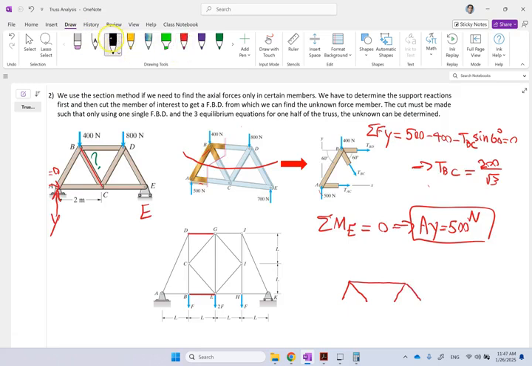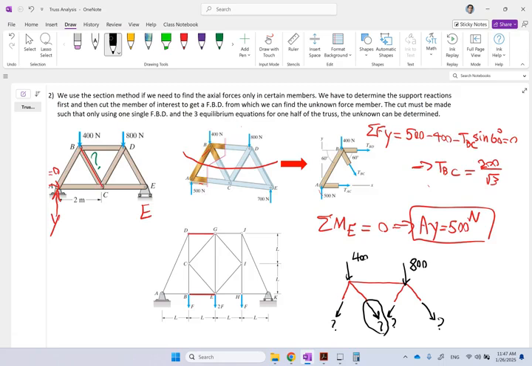So I have 4 unknown reactions, as well as this 400 and 800. And the good thing is I don't need to find the external reactions because I'm looking at the top part. But the problem is I have 4 unknowns and 3 equations, you cannot solve.